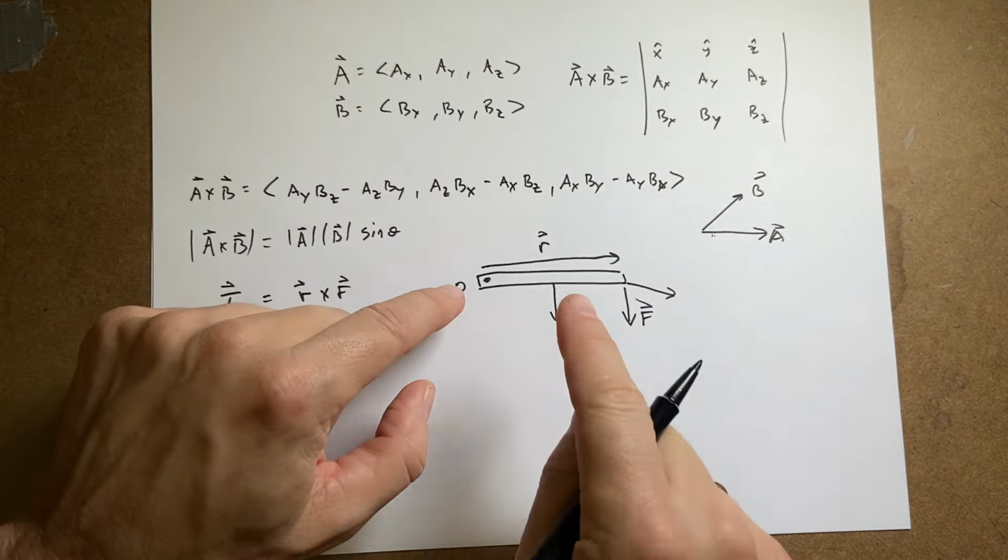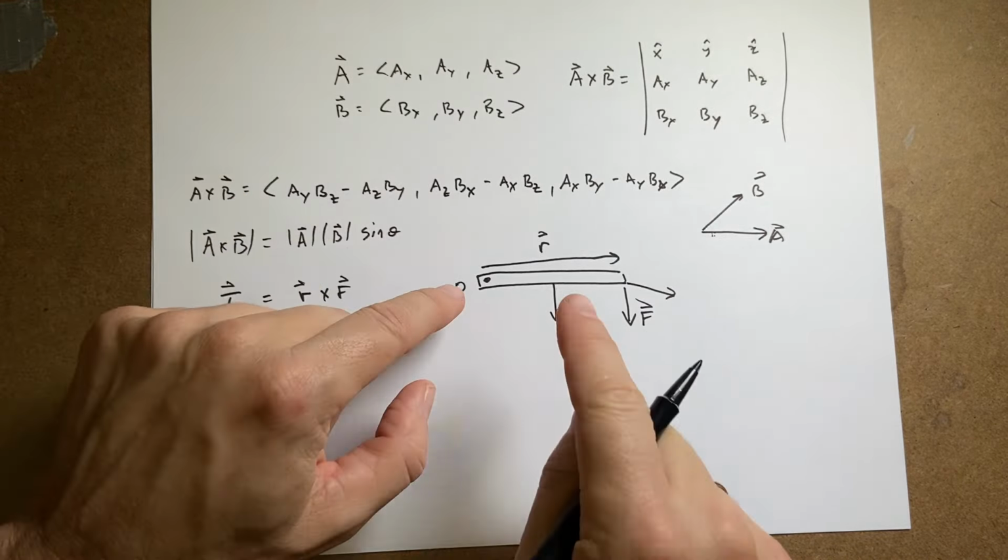Now, there are actually three ways to calculate the magnitude of the torque about that point O. I could say R F sine theta, I could say R perpendicular F, or I could say R F perpendicular. If I have this force right here, I can draw a line back right there, and there's my R perpendicular.